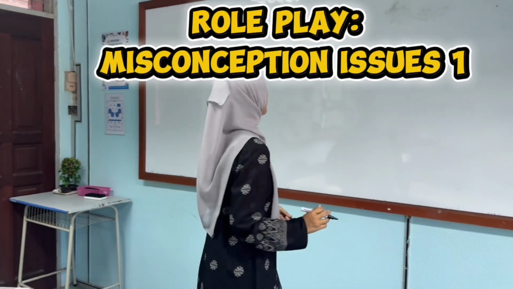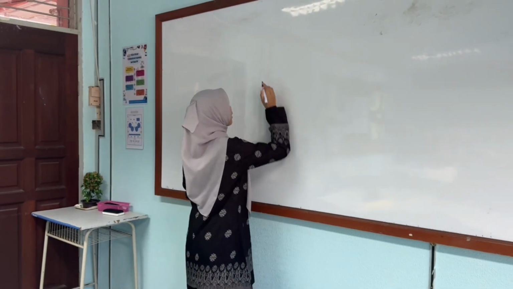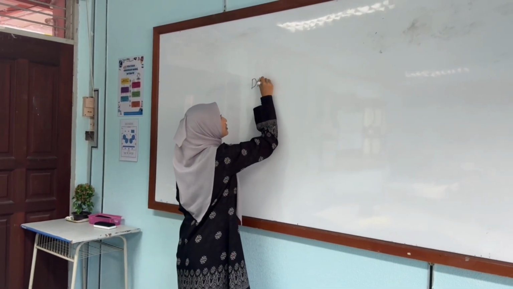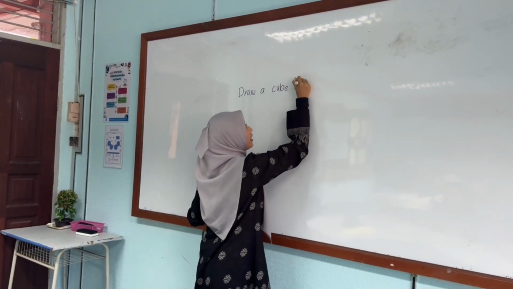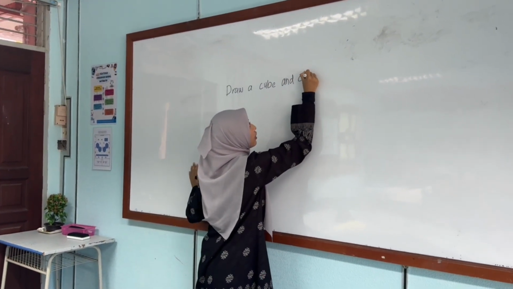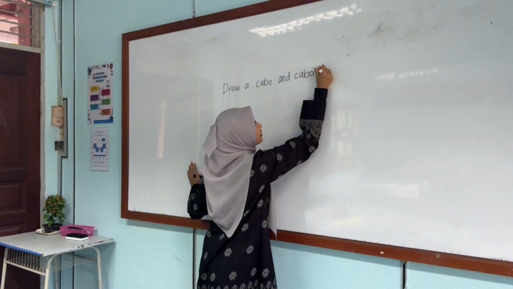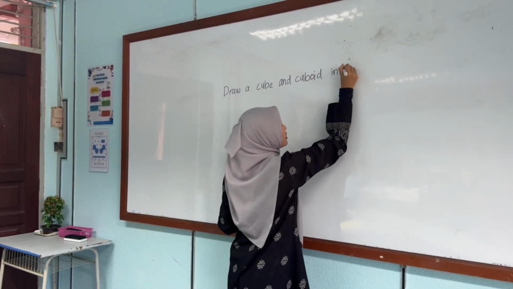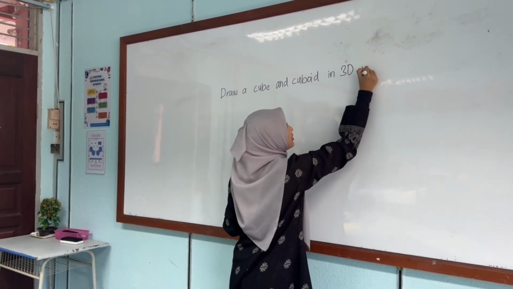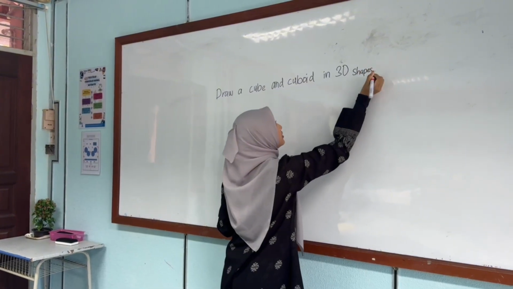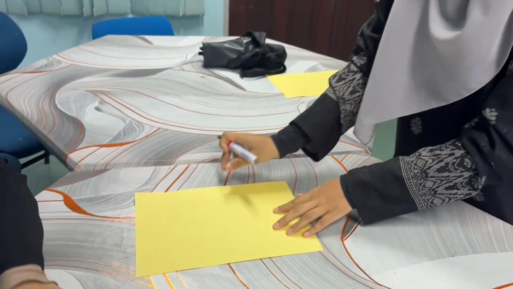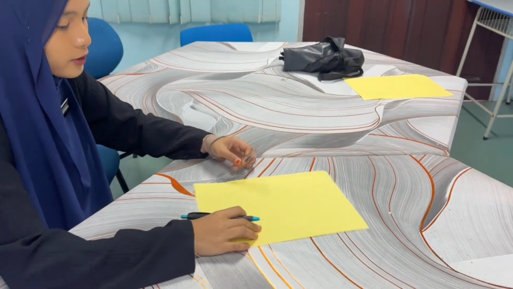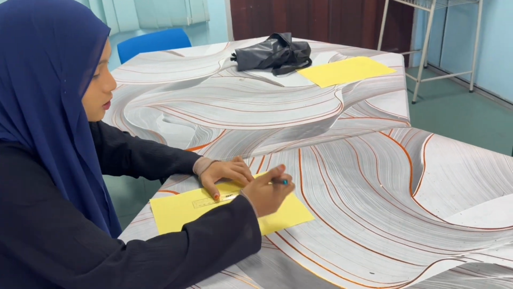Okay class, next teacher wants you to draw a cube and cuboid in 3D shape. Okay, Aryani, take this paper and please draw cube and cuboid shapes in three-dimensional shapes.